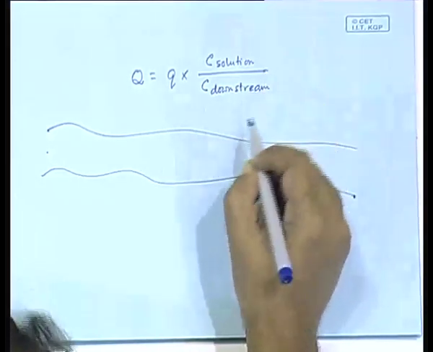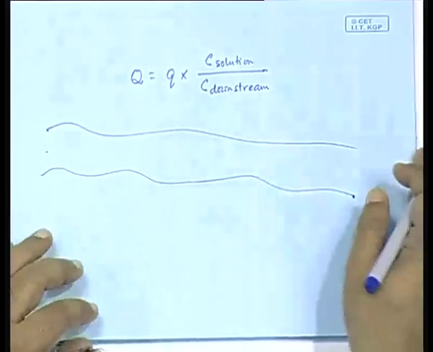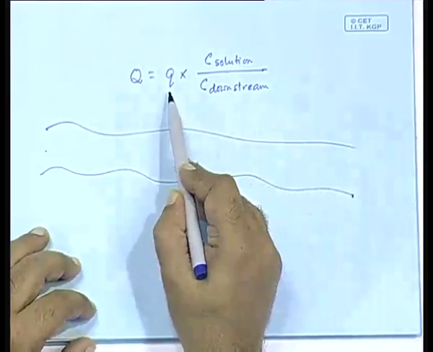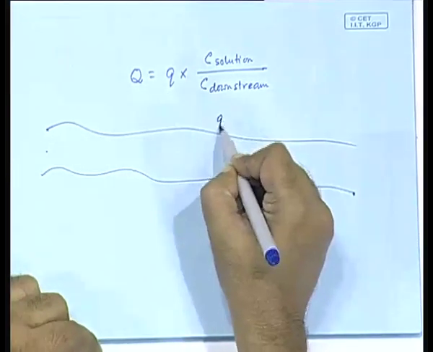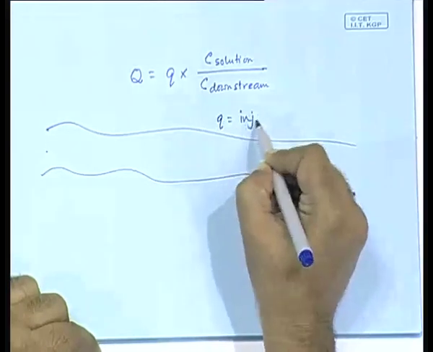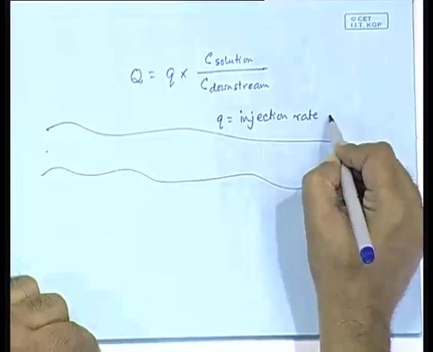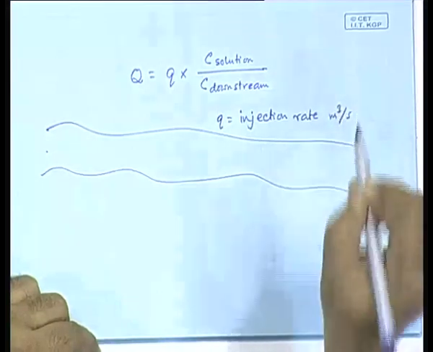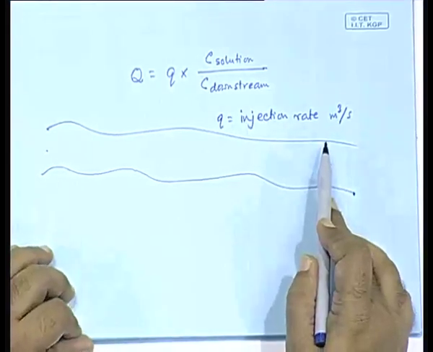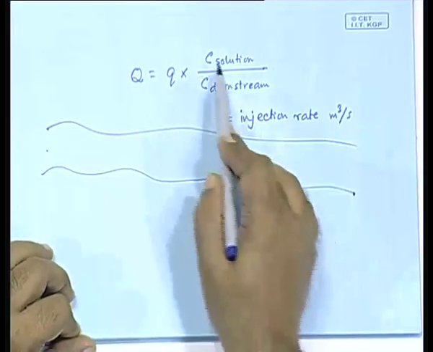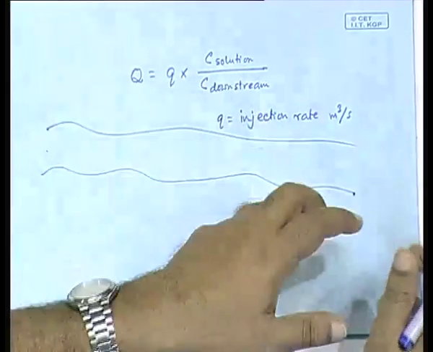Is it visible? Because these are subscripts, I have to write it in smaller font. Okay. So, where the small q is the injection rate. The concentration of the solution will be larger, the concentration downstream will be smaller.